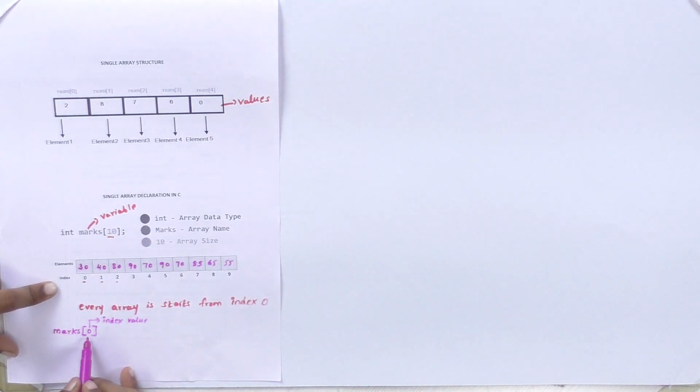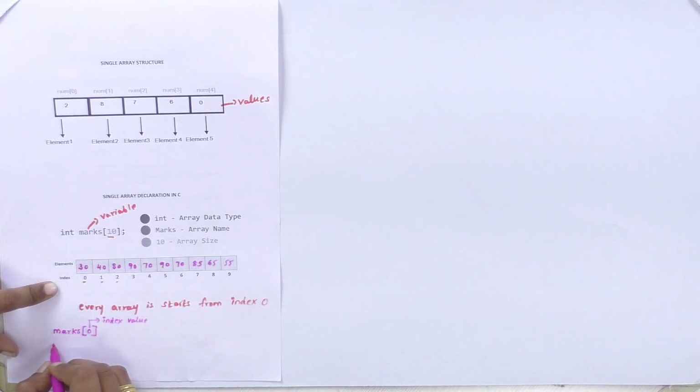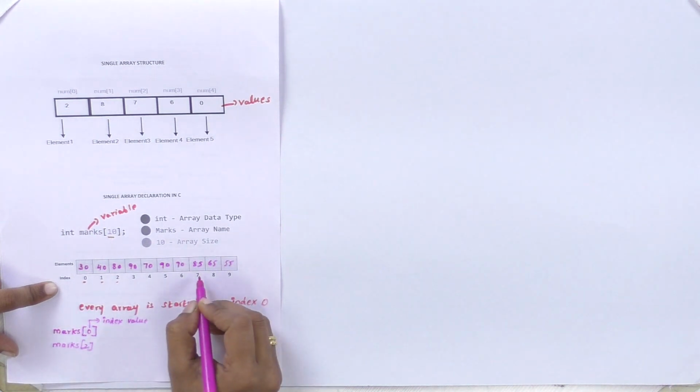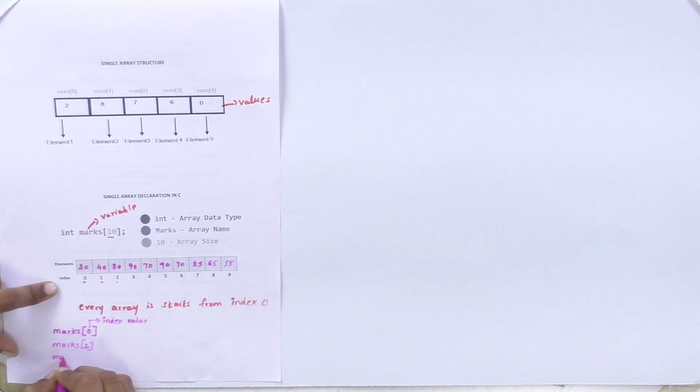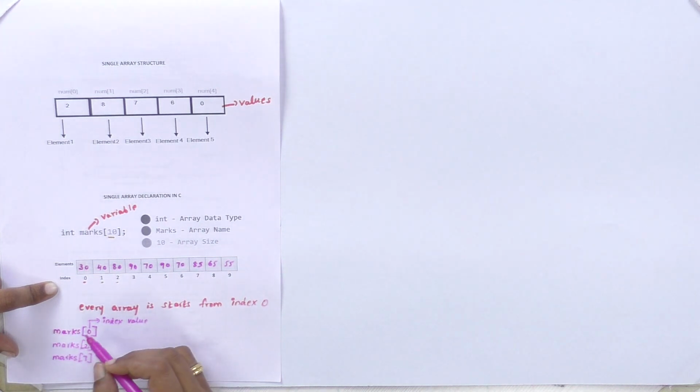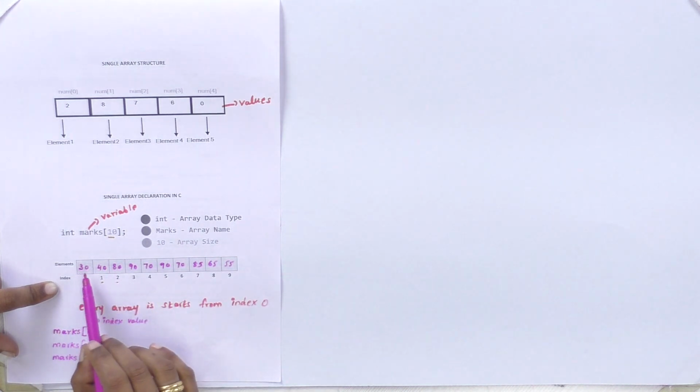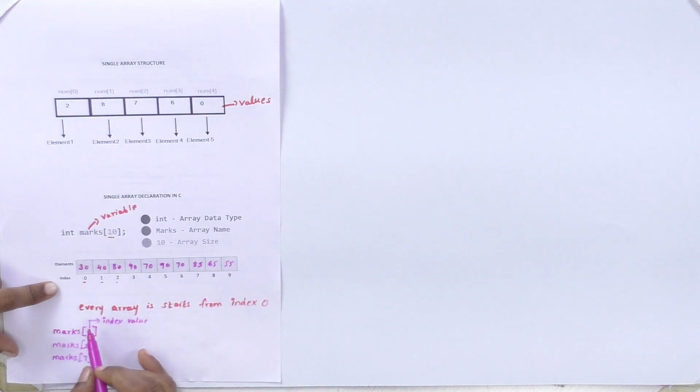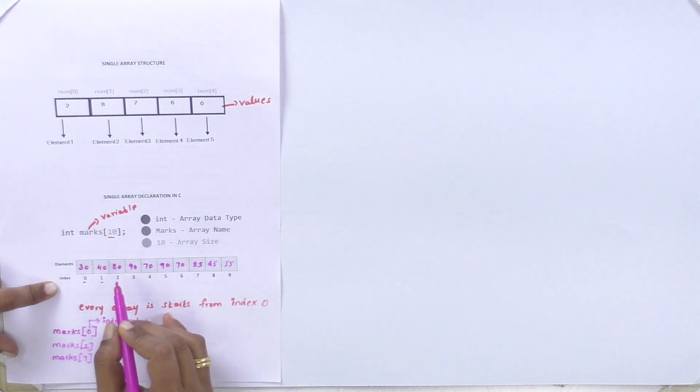So marks[0] refers to the value 30. If you want to access 80, it is marks[2]. If you want to access 85, it is marks[7]. Likewise you can access any value by using the index of an array.